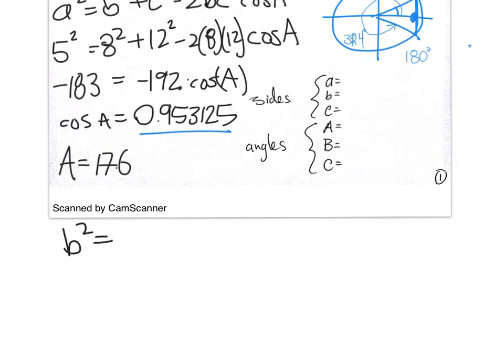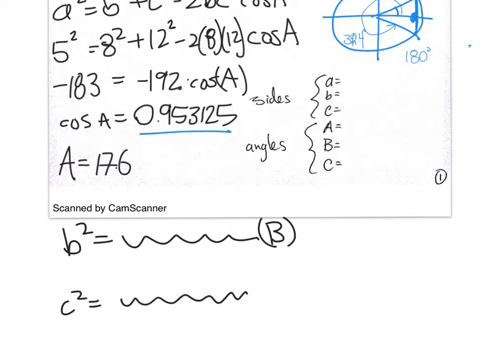So you're going to set up, you're going to plug in to b squared equals blah, blah, blah, and this is your variable here, and you're going to plug into c squared equals blah, blah, blah, and this is your variable here. To do that, I'm going to be checking to make sure that you have these equations set up, and then try to solve, and I'm going to tell you what the answers are over here.